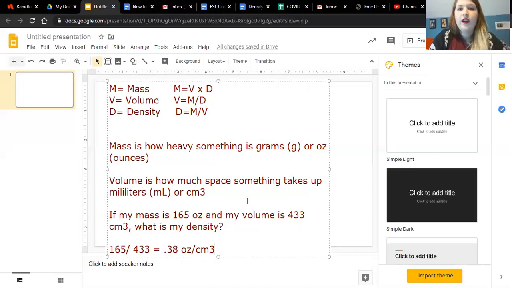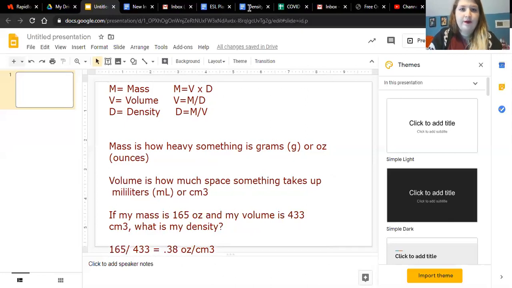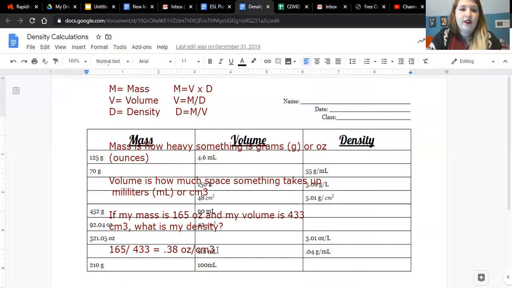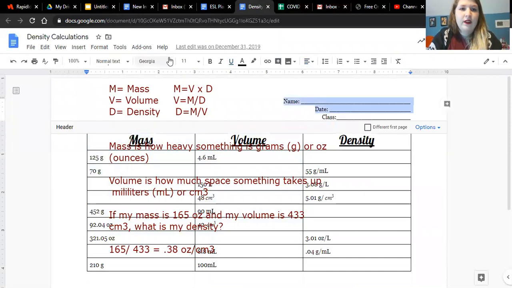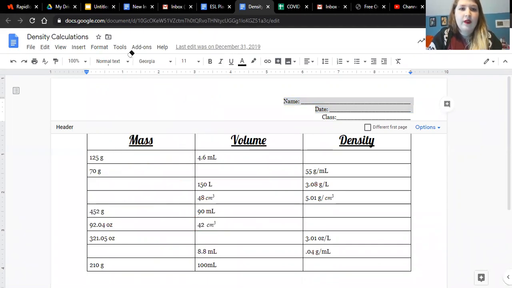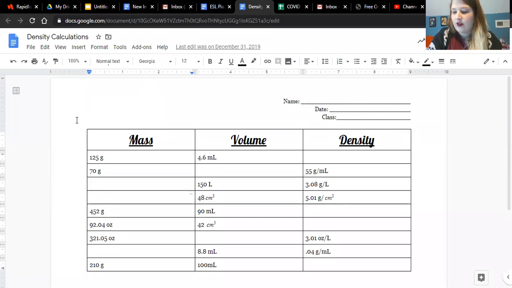All right, so we are going to keep this in mind. We're going to do a few examples on our worksheet, and then that's it for today about density. Pretty simple stuff. So, I need my mouse. All right, so we are going to put our text tool back out. And I'm going to put the formulas back up.